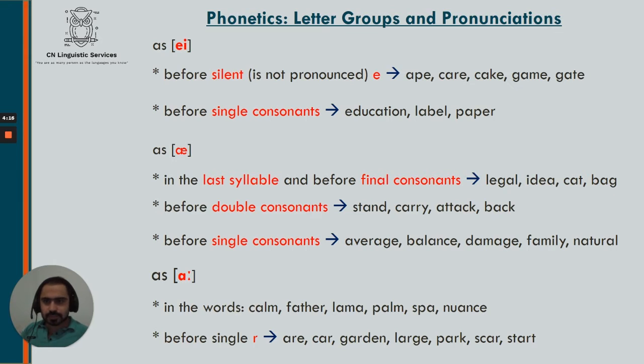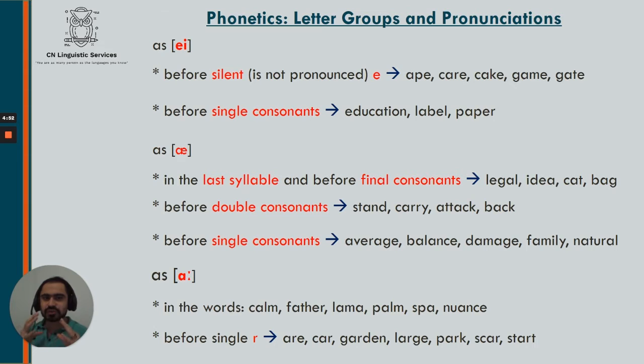The next one is pronounced as A. We see here A-E, but it's like A, so E here is not pronounced. What are the rules for this pronunciation? First of all, before a silent E. What does silent mean? It means E is not pronounced.